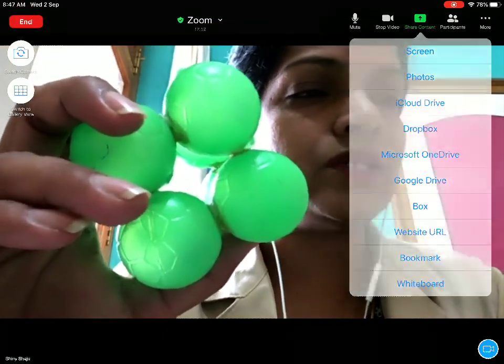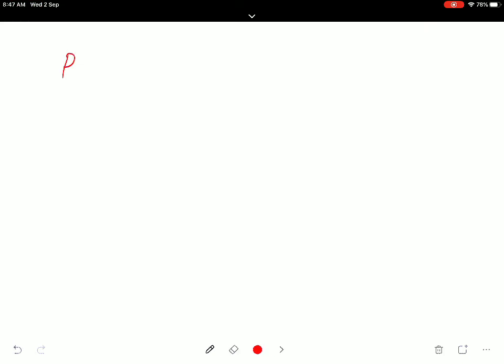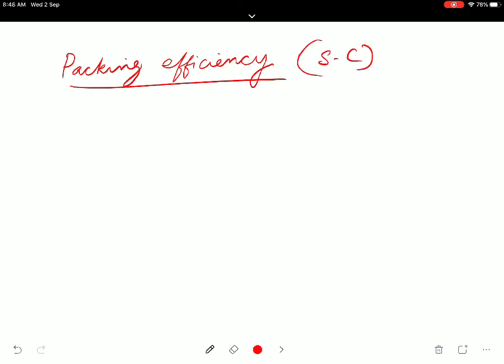So let's see the calculation. Packing efficiency in simple cube. What is the total volume? Total volume of the cube is a cube.